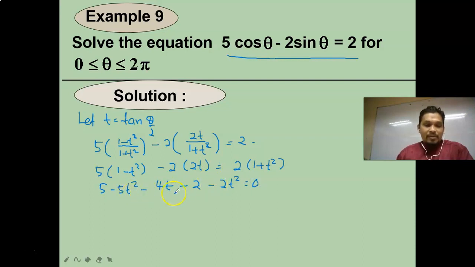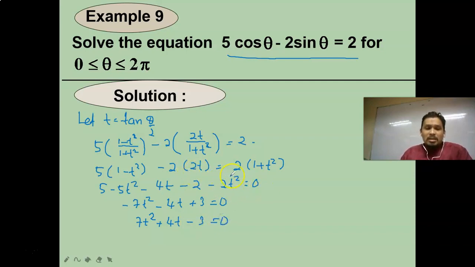So negative 5t squared minus 2t squared is negative 7t squared, minus 4t, and 5 minus 2 equals 3, equals 0. So multiply everything by negative, then you get a positive 7t squared plus 4t minus 3 equals 0.